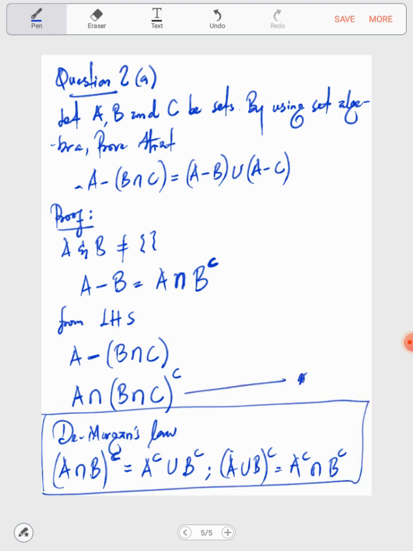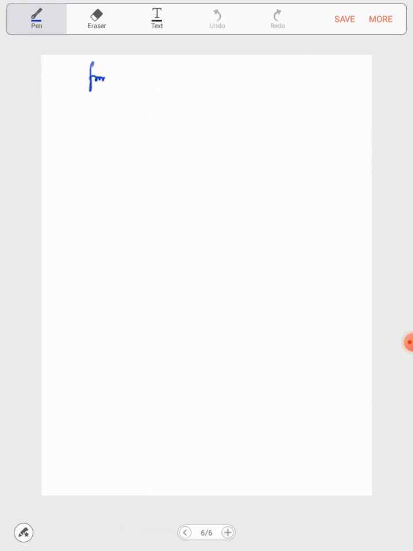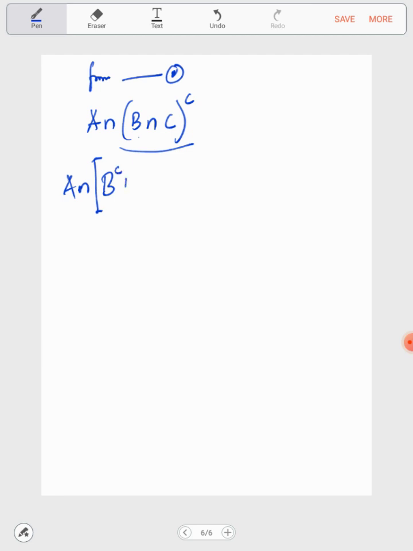Now I call this star. So from star, that is when I have A intersection B intersection C complement. If I take this first, so I have A intersection, now I said this is nothing but B complement union C complement.